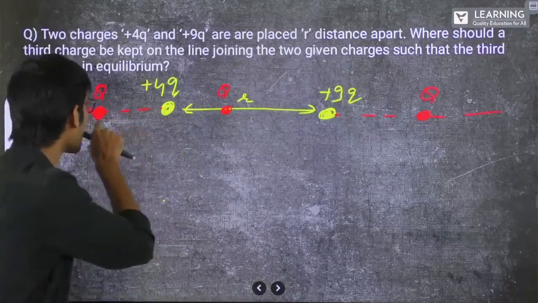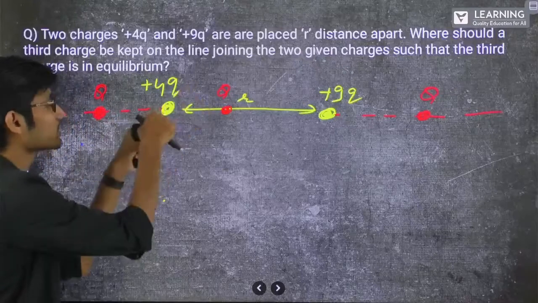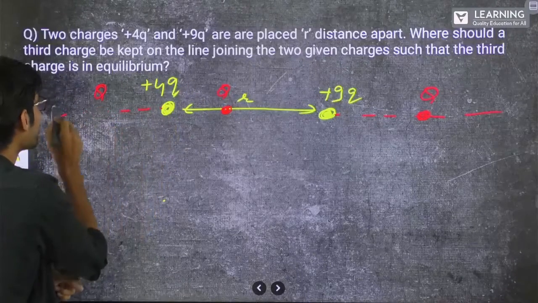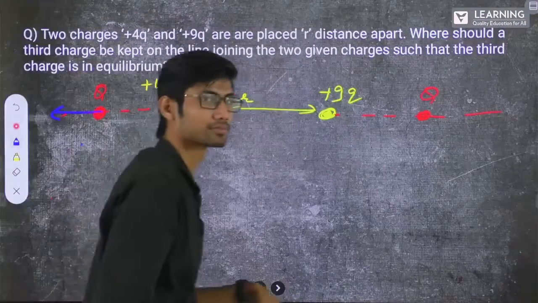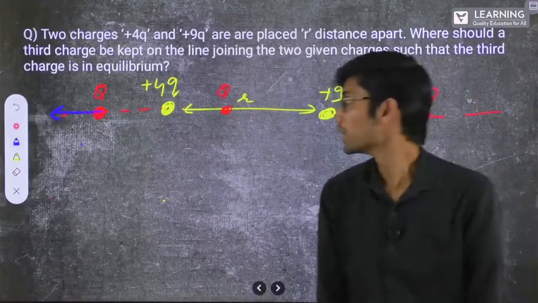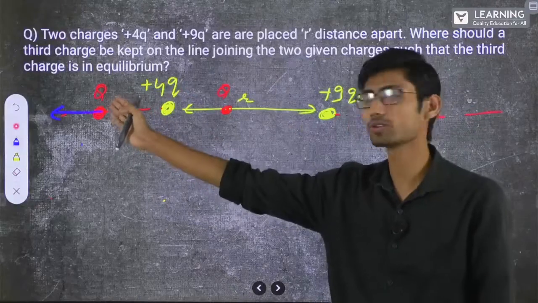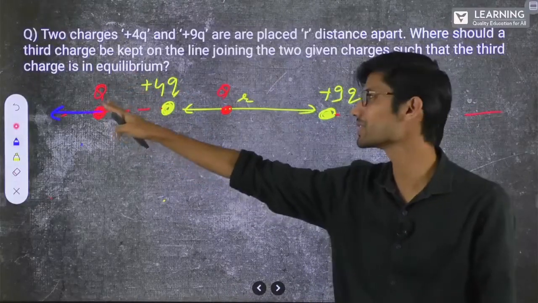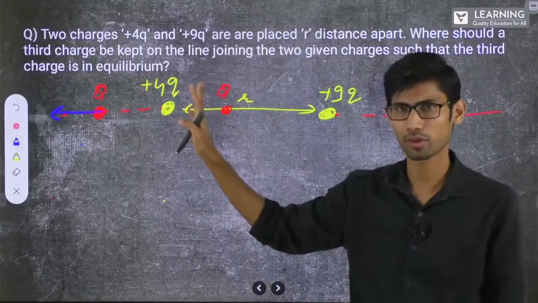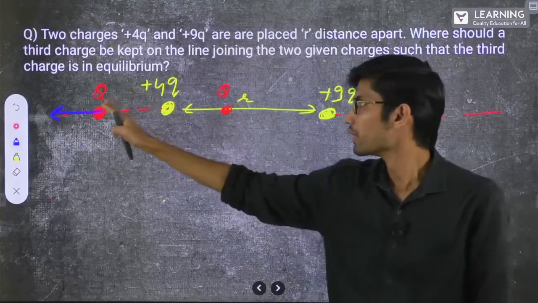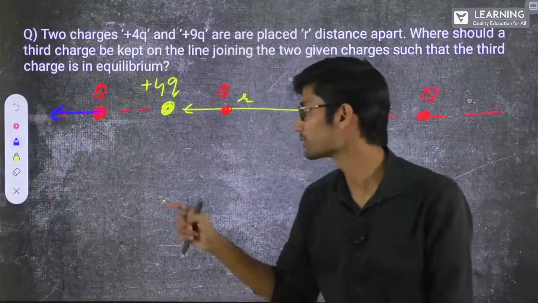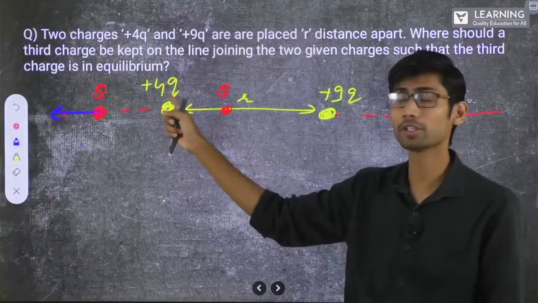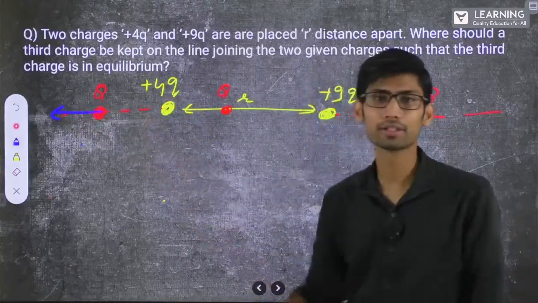See, the force on this charge due to this charge will be in this direction. Because this is plus 4q, this is also a positive charge. You can consider a negative charge also, not a problem, but let's first consider a positive charge. Force on this due to this will be in this direction.